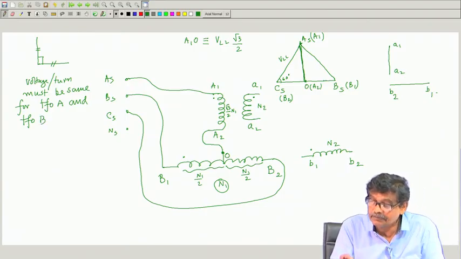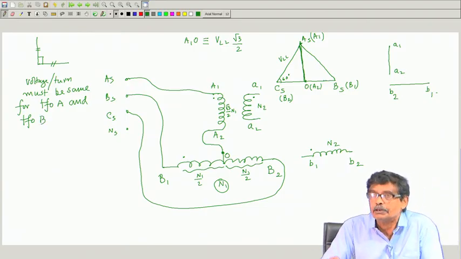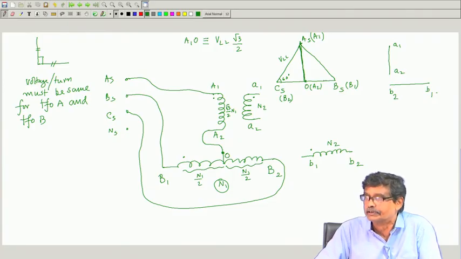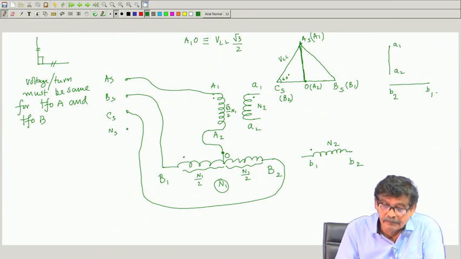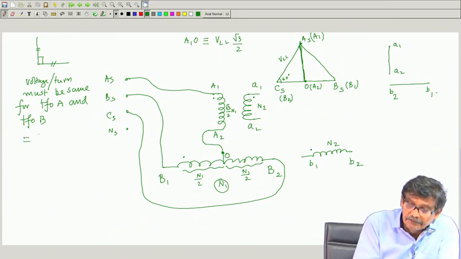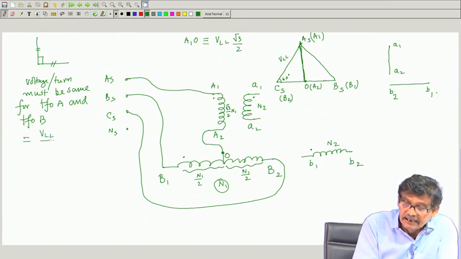Then only the secondary voltage magnitudes will be the same. I will simply multiply by N2 to get the secondary voltage. For this transformer, what was the voltage per turn? It was VLL by N1.